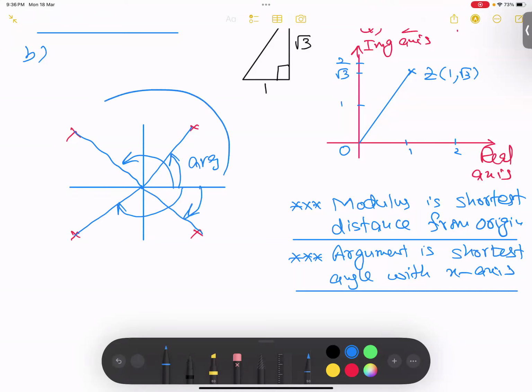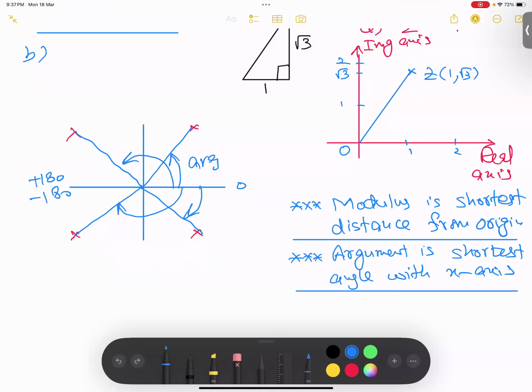And you know, whenever we move anti-clockwise, the angle is always positive, and when we move clockwise, the angle is always negative. This is a fixed rule. So starting from 0, ending at 180 positive, and from here going backward, negative 180. So it means your argument remains within the boundary limit.